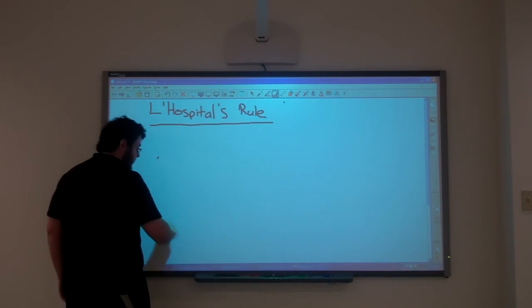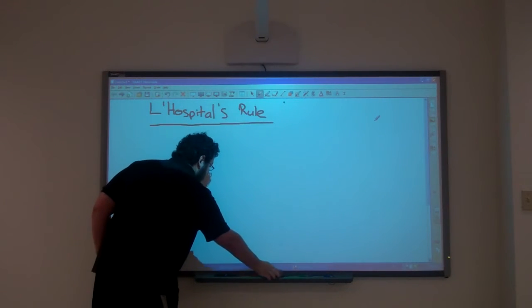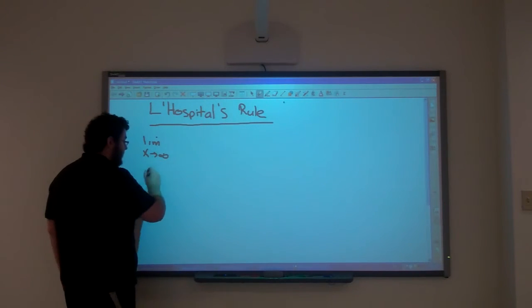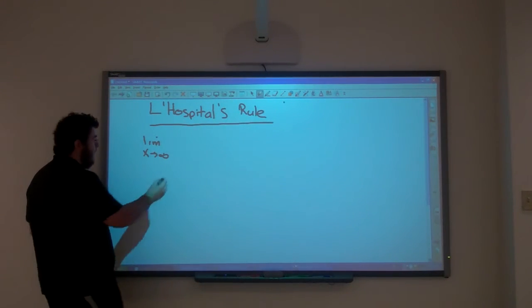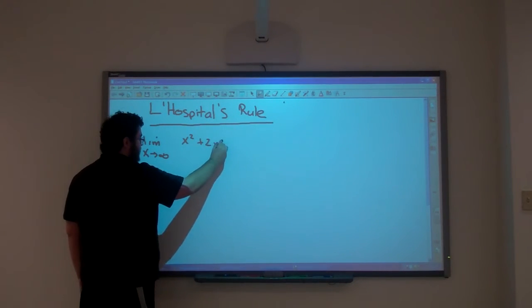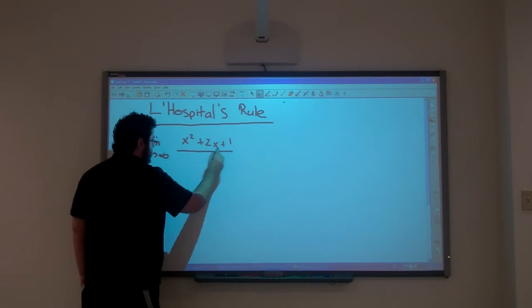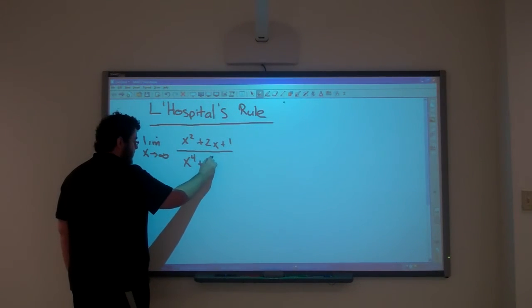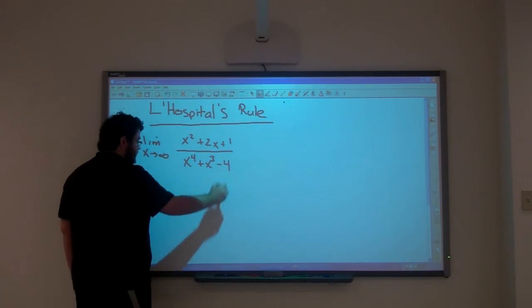We'll look at the limit as x approaches infinity, so we're taking an infinite limit here, of x squared plus 2x plus 1 divided by x to the 4th plus x cubed minus 4.